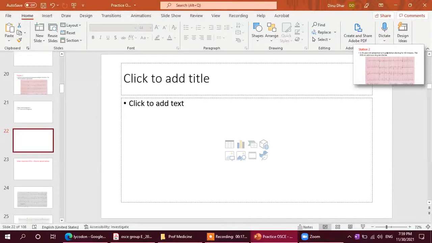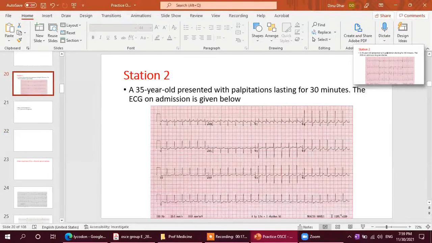As I taught you before, in tachyarrhythmia ECGs, the first thing you do is to see, is this a narrow complex tachyarrhythmia or a broad complex tachyarrhythmia? That is very important. As you can see in this picture, this is clearly a narrow complex tachyarrhythmia, because the QRS complex is 0.12 seconds or less.